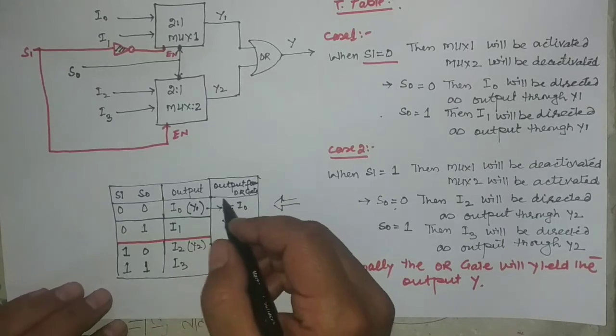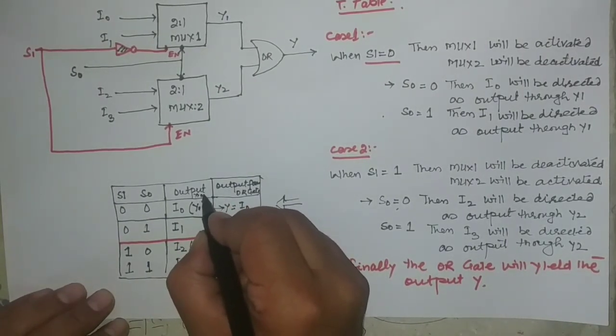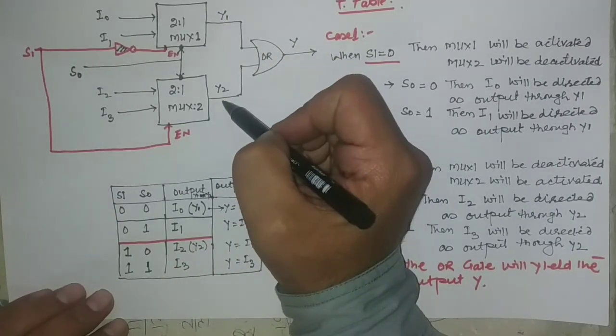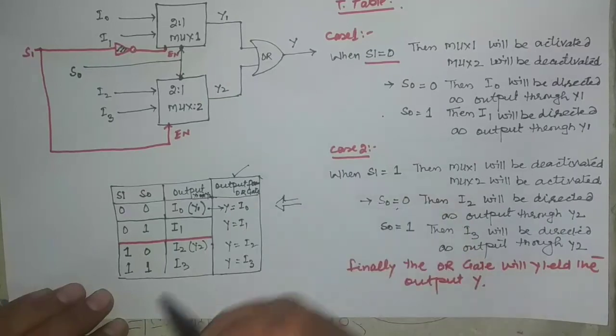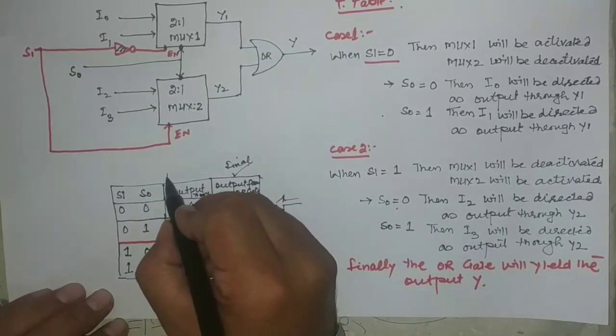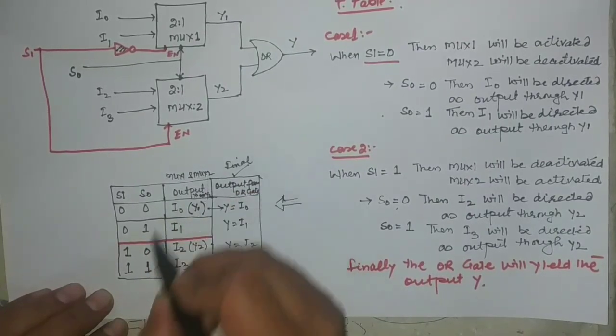These are the outputs from Y1 or Y2, meaning either Y1 or Y2, but Y is the final output. These are the outputs from mux 1 and mux 2.